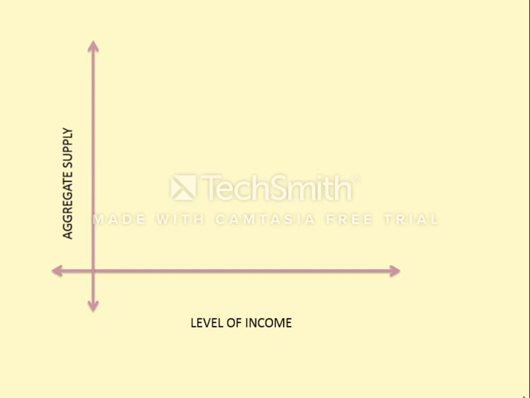On the y-axis, we measure aggregate supply. With zero employment of factors, obviously there will be zero production and hence zero aggregate supply. Then, as we increase employment to N1, there will be a rise in the aggregate supply.